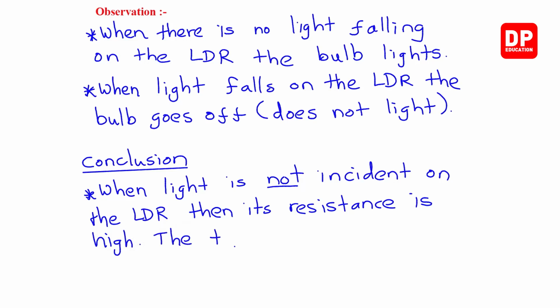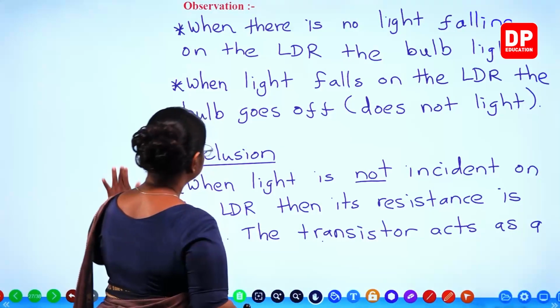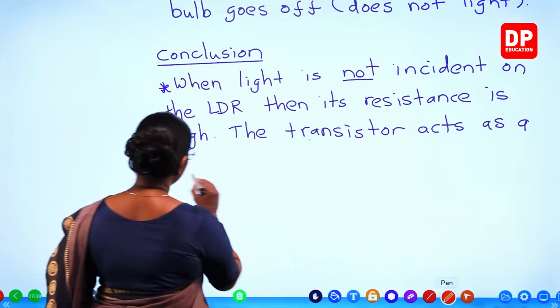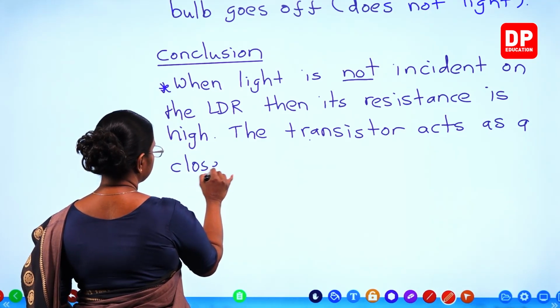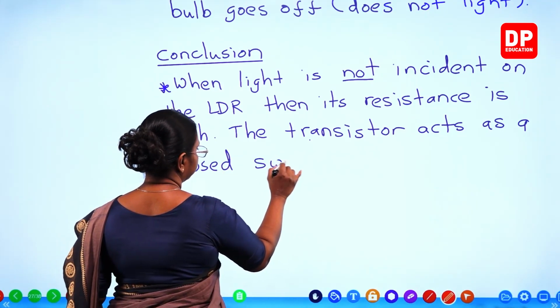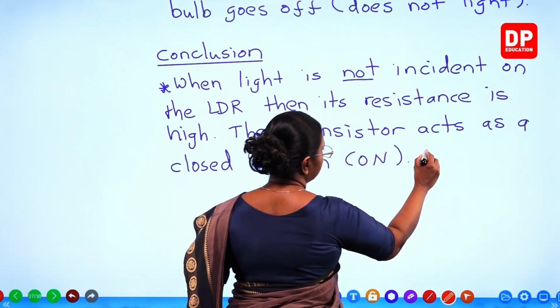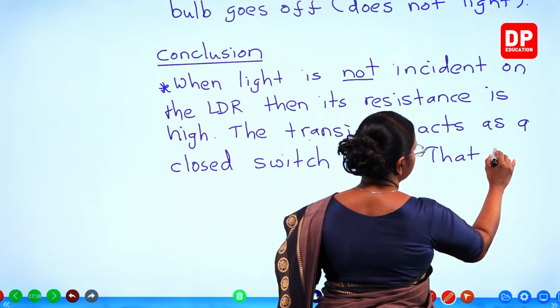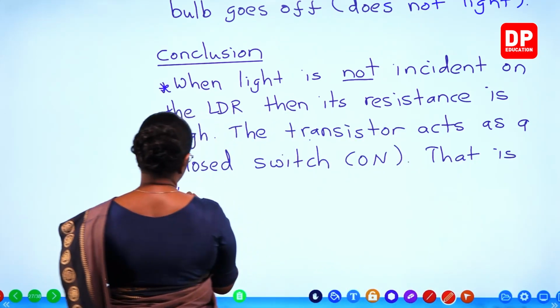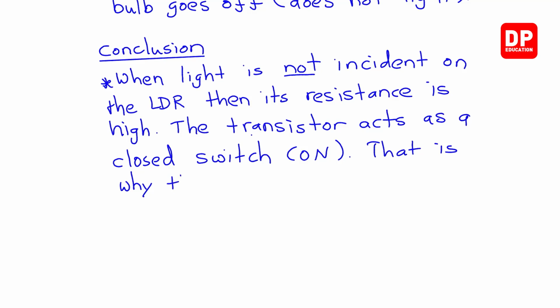The transistor acts as a closed switch, that is on position. That is why the bulb lights.